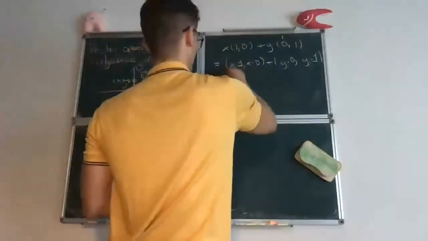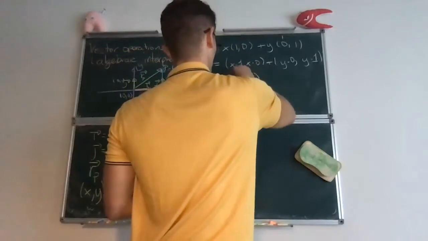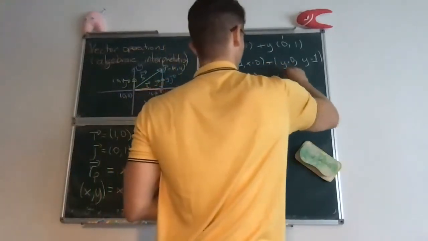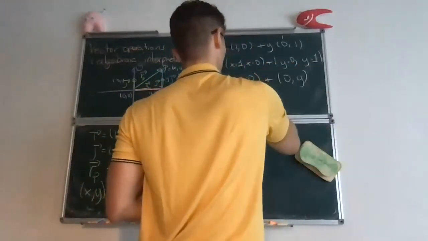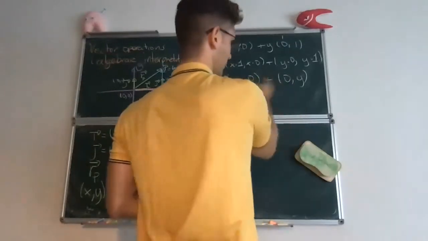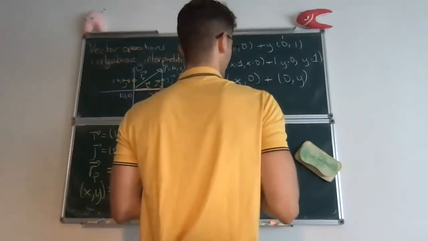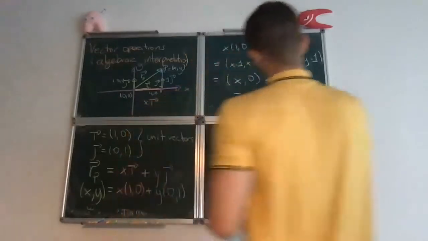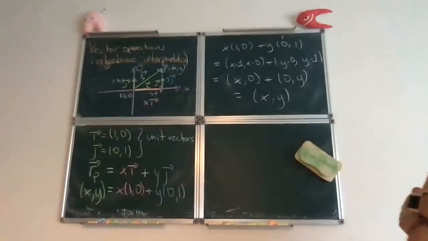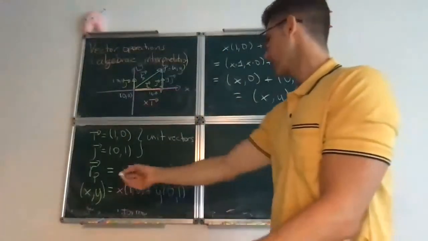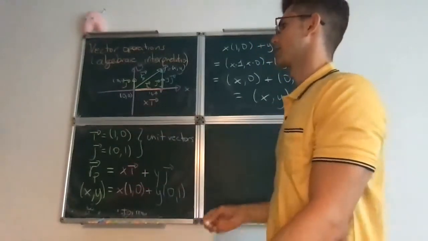And so this is just x, 0 plus 0, y. And when you do addition of points, it is entry by entry, and so you get x, y. But now, this elementary operation, we just reinterpret in terms of vectors.